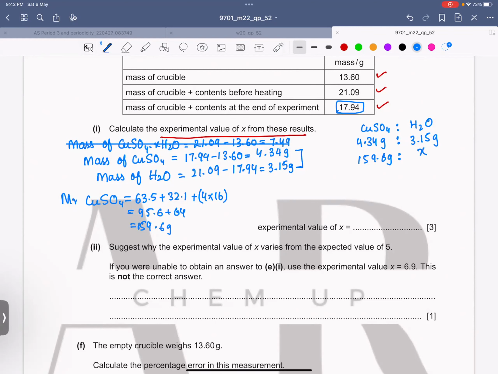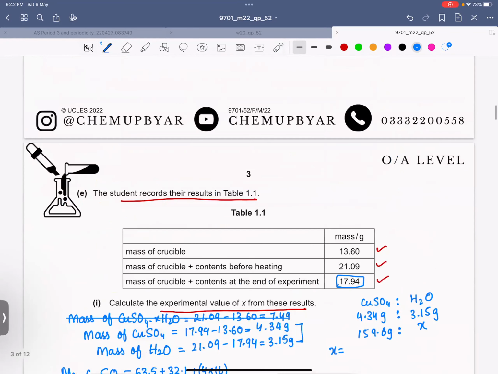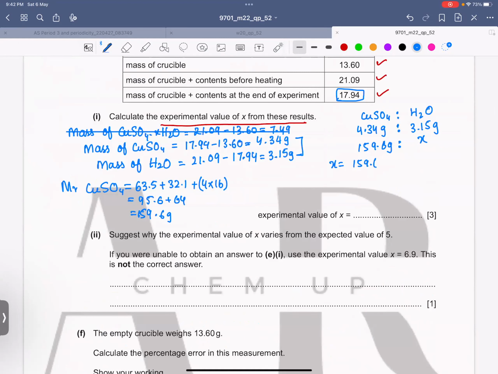So from that, you can find the mass of water: 159.6 times 3.15 divided by 4.34. It would give me the mass of water that is bonded to 1 mole of copper sulfate. So can anybody solve and tell me the answer, please?